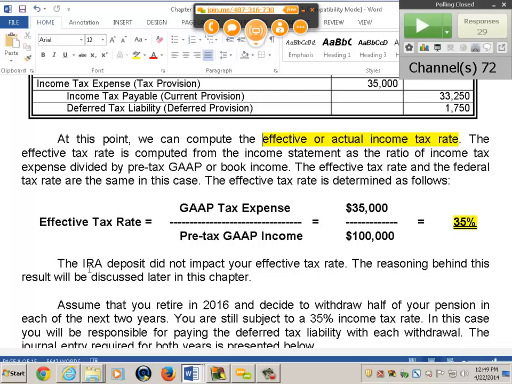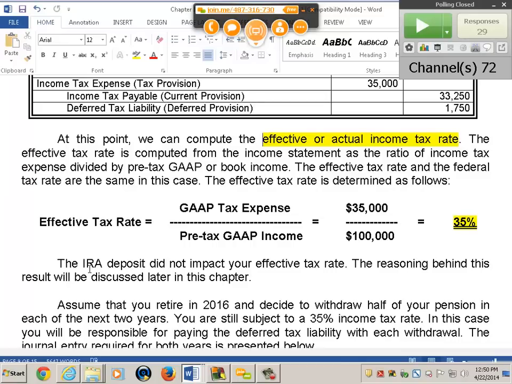And I can tell you that whenever the effective tax rate and the federal rate are the same, you could always multiply book income by the federal rate. The problem is that most people, when they take these courses in, let's say, management or finance, they see a tax rate and they multiply it. They think it's the federal rate. It's not. It's the effective rate. So you have to remember that the effective rate is still 35%.